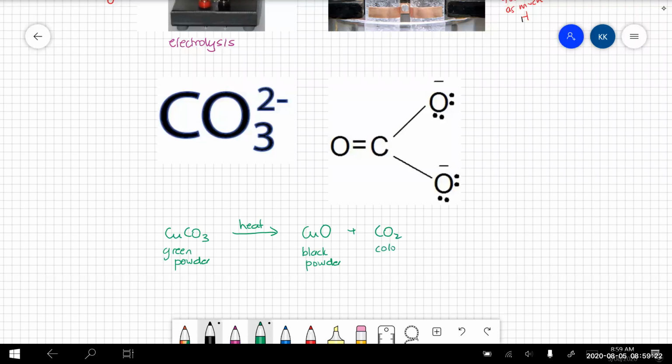So that's a colourless gas, so you won't see the actual carbon dioxide gas being given off. You might see the powder kind of rippling as the gas is given off, so you can see something's in there moving.